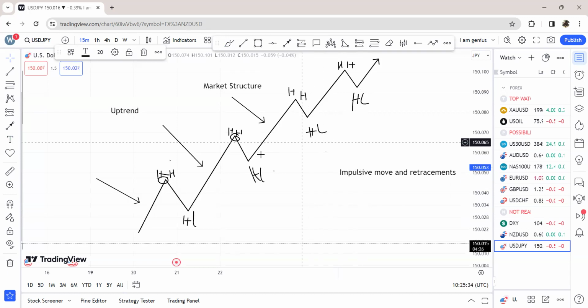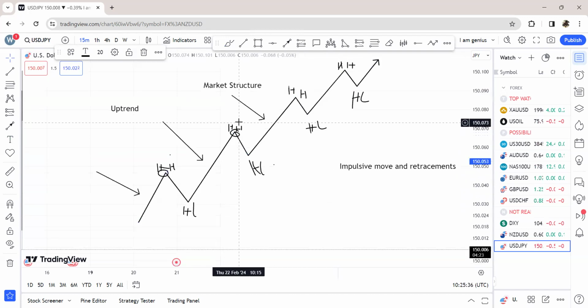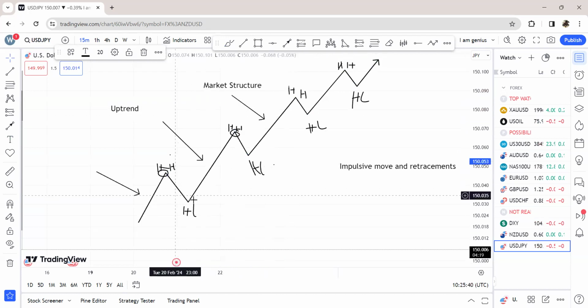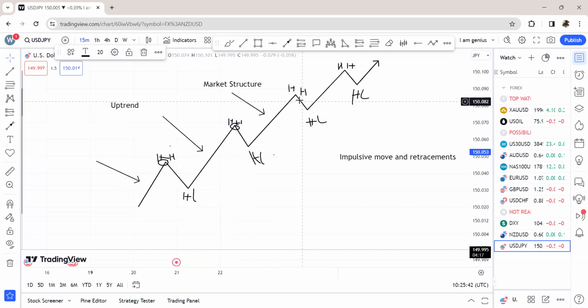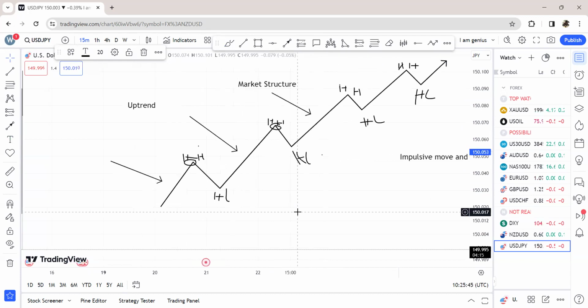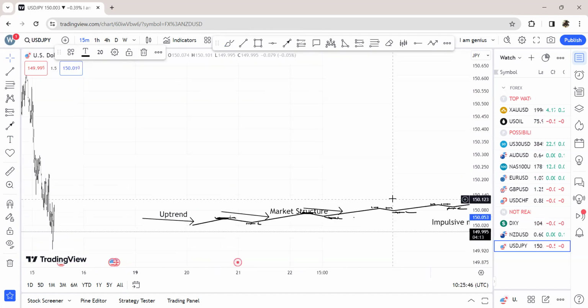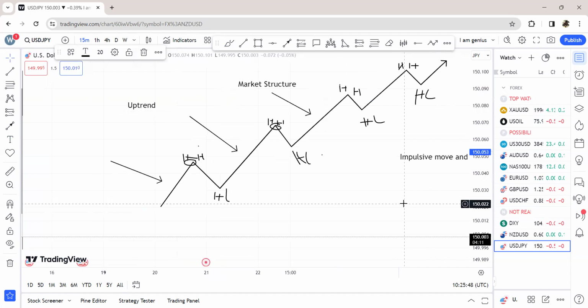Impulsive moves are these longer moves, where I've put the arrows. Then the retracements are these minor moves.